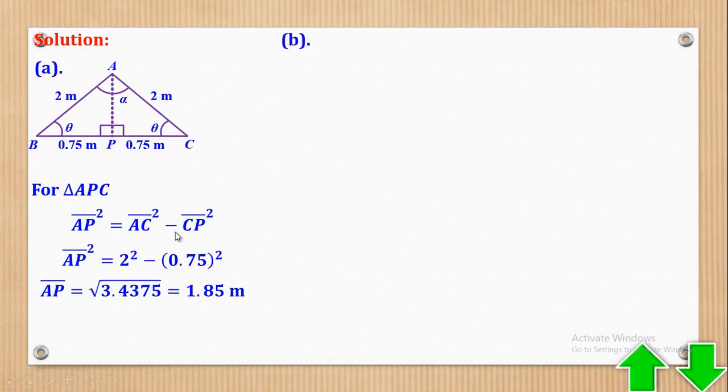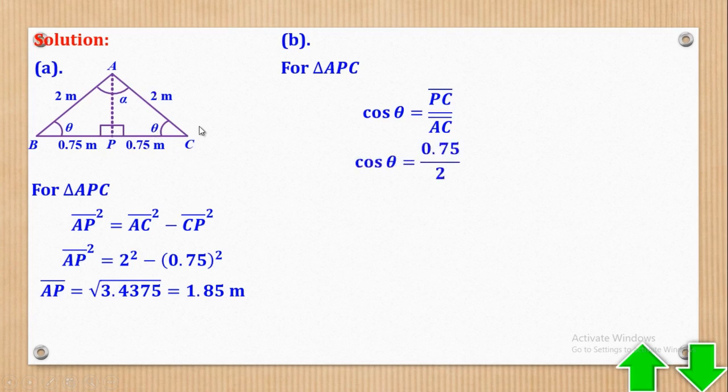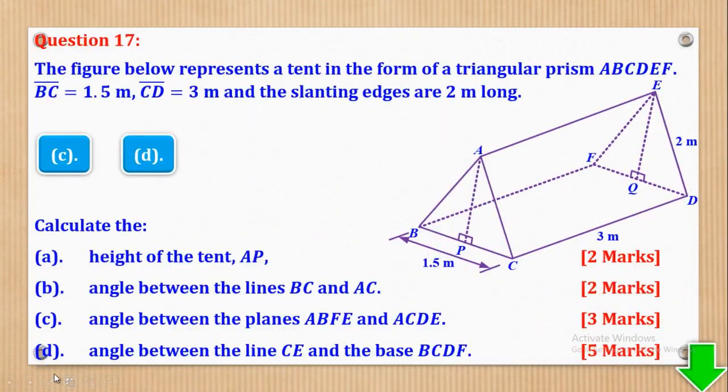Still using that same triangle, cos theta is equal to adjacent over hypotenuse. The adjacent is 0.75 and the hypotenuse is 2 meters. Therefore, cos theta is equal to 0.75 over 2, so theta will be equal to 67.98 degrees. Use two decimal places. So that was part B.